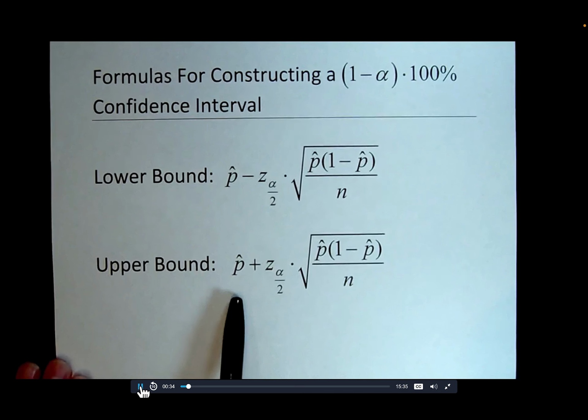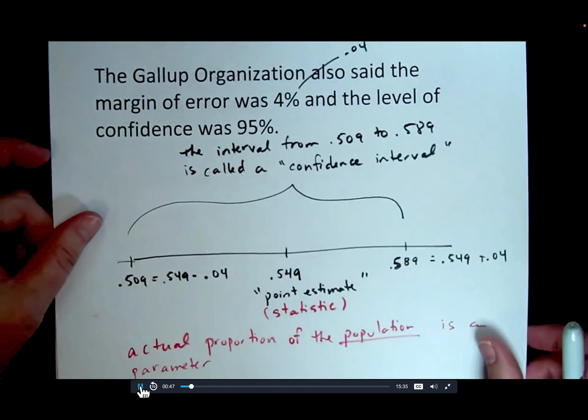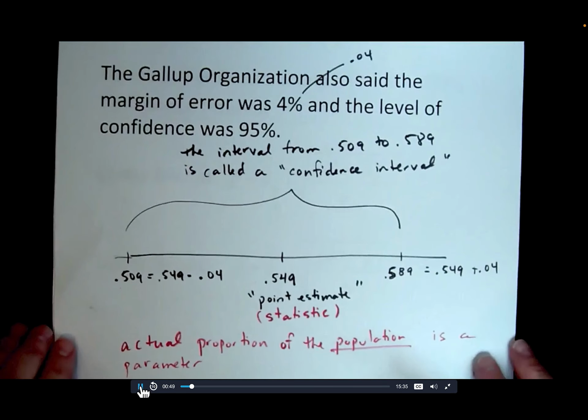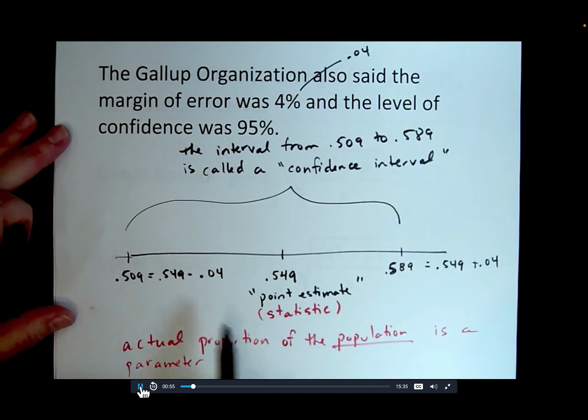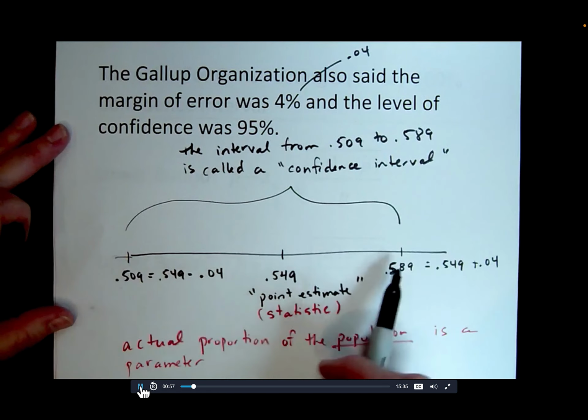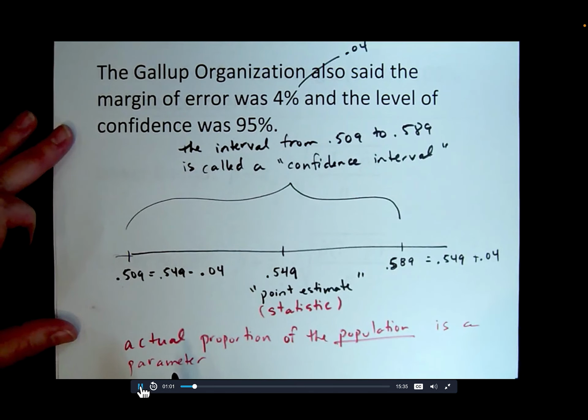The upper bound, oh, and those words remind me that I meant to step back a minute so that we actually know what those words mean. So back to the first page of the 9.1 notes. Remember, we came up with this confidence interval based on what the Gallup organization information was.